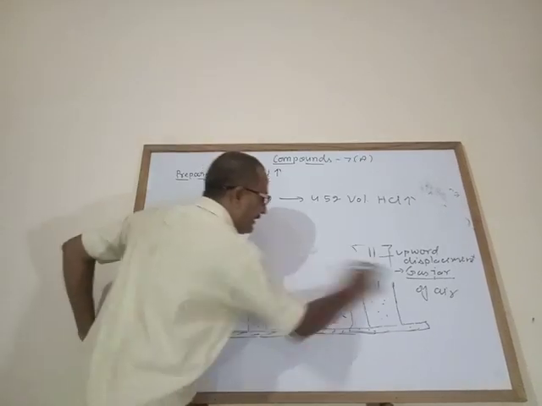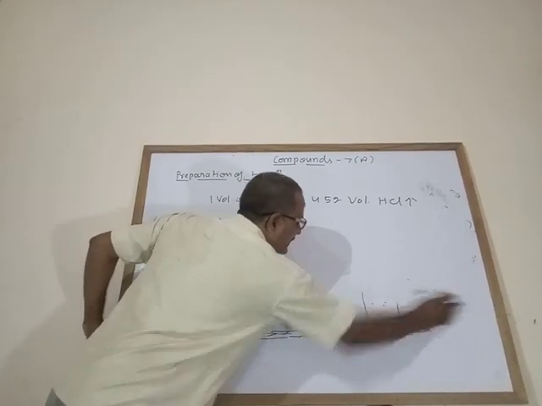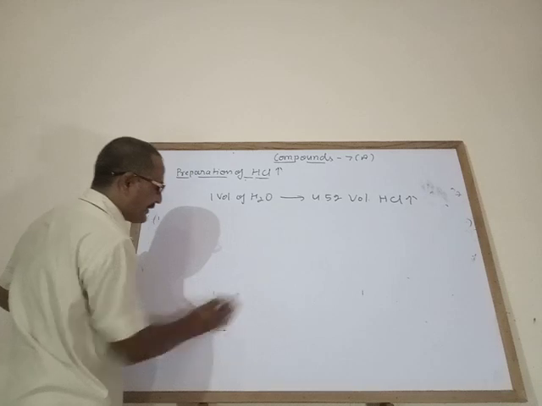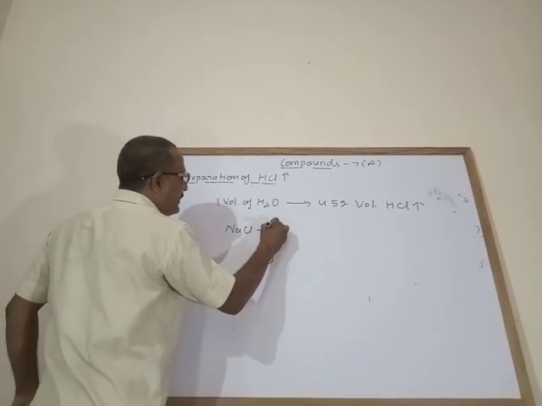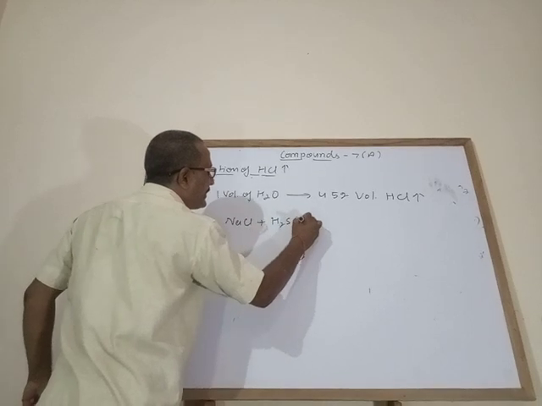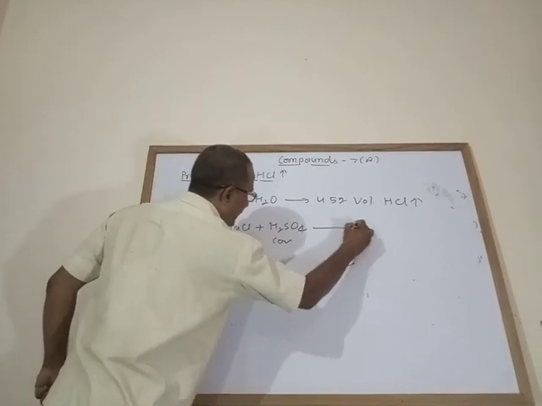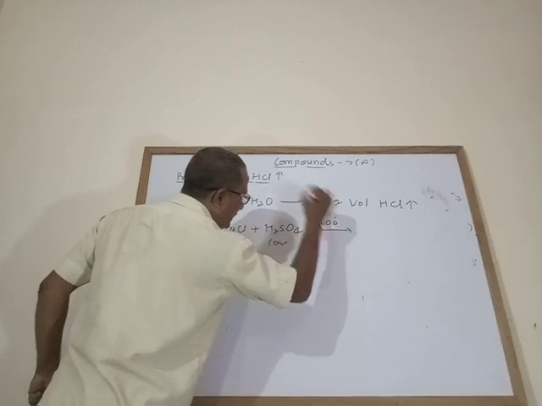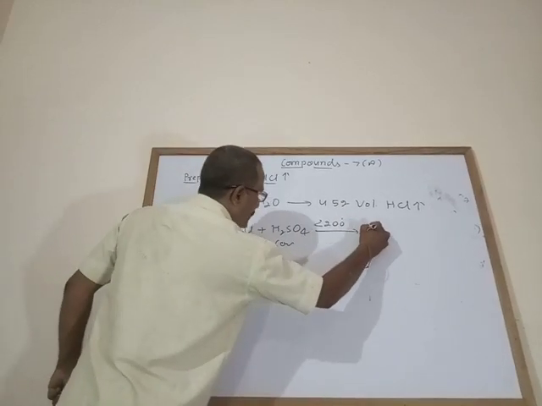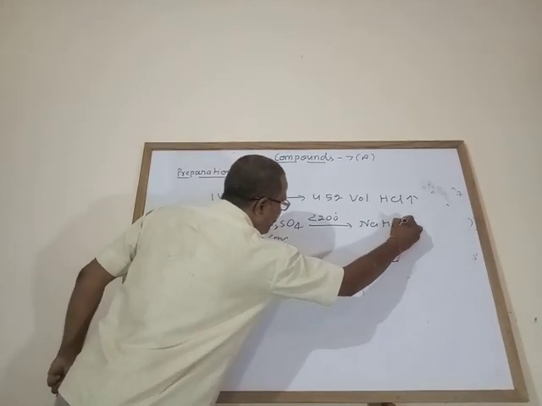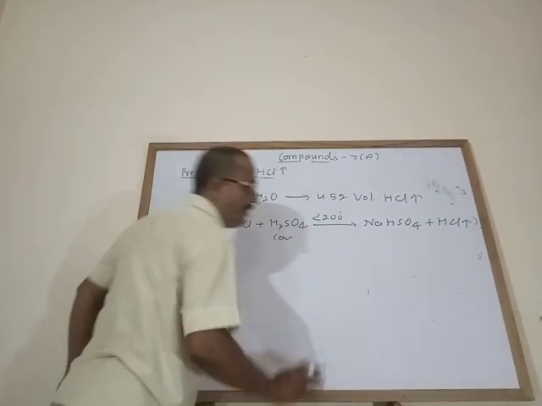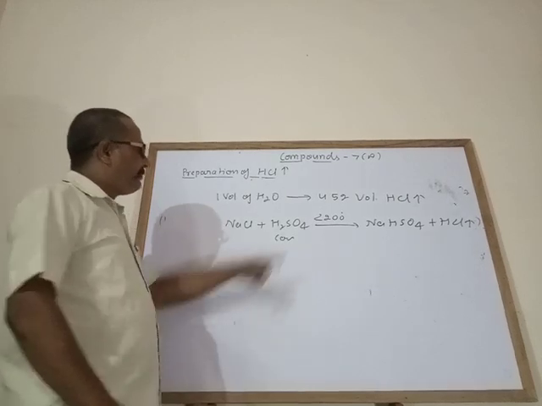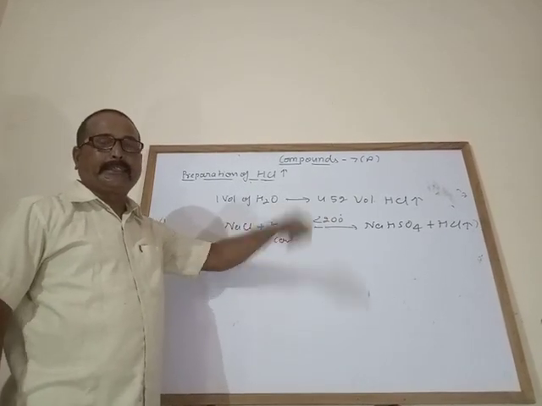Next question: in the reaction you have seen, I have written that when rock salt reacts with concentrated sulfuric acid at a temperature less than 200 degrees Celsius, it forms sodium hydrogen sulfate and hydrogen chloride gas. What happens if the temperature is more than 200 degrees Celsius?